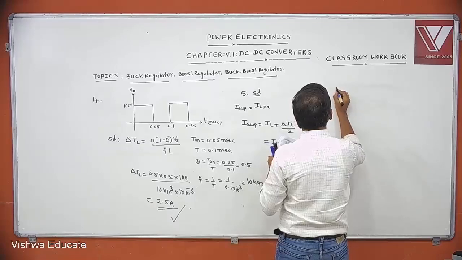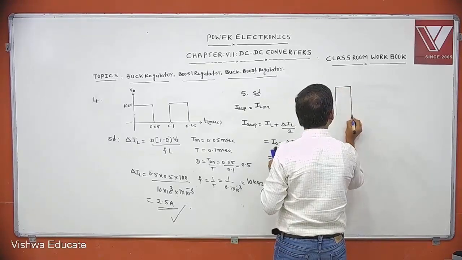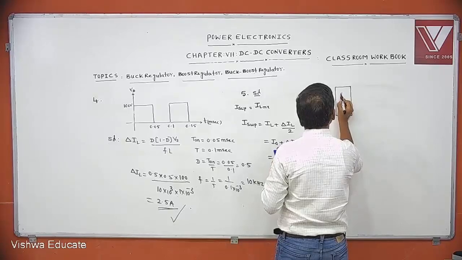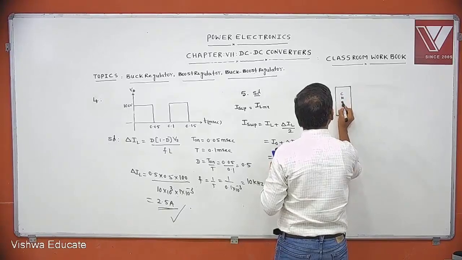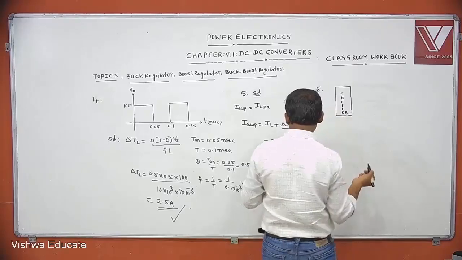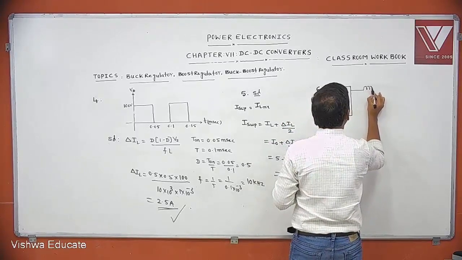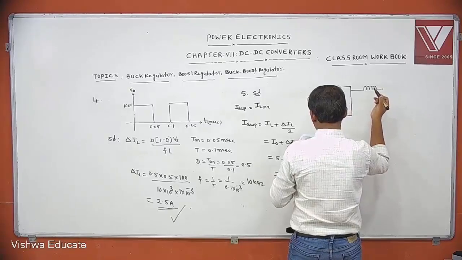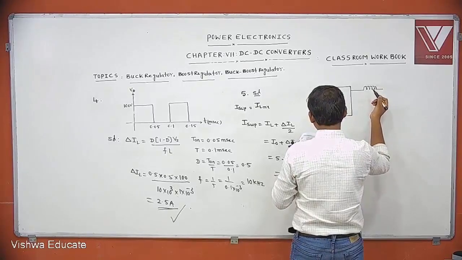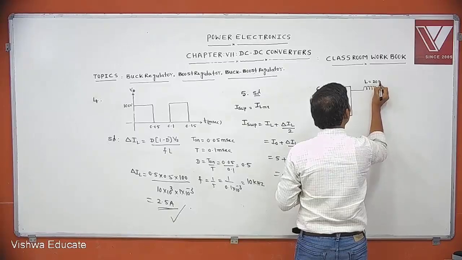First you see the given. This is the given circuit. This is the chopper, and L equal to 20 millihenry.